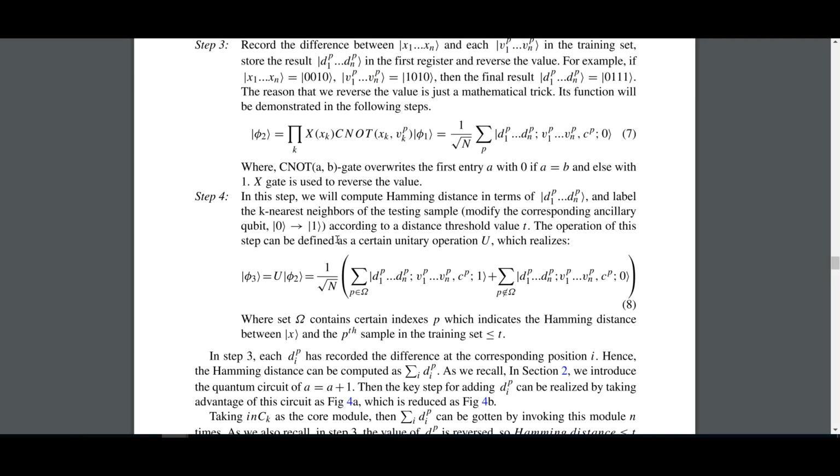According to a distance threshold, the operation of this step can be defined as a certain unitary operation which realizes the equal superposition of this plus this with the ancillary qubit.